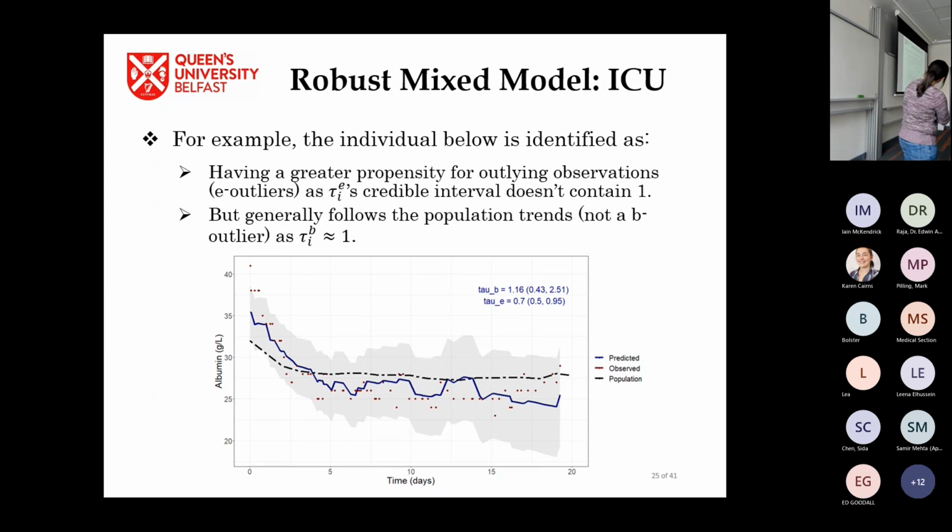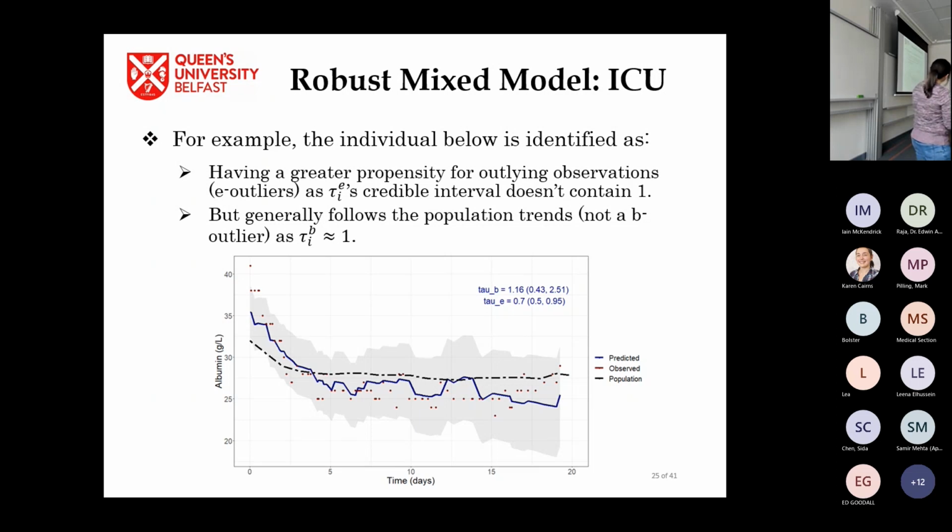So within this individual, looking at their tau E i parameter, they have a greater propensity for outlying observations. That's what we're saying, because this credible interval doesn't contain 1, so it is different than the normality assumption. However, whenever we look at their tau B i, the credible interval contains 1, so it's not significantly different. So it's not suggesting that person is a B outlier.